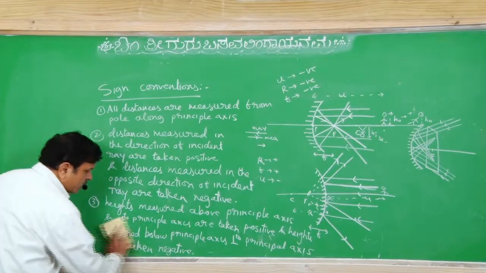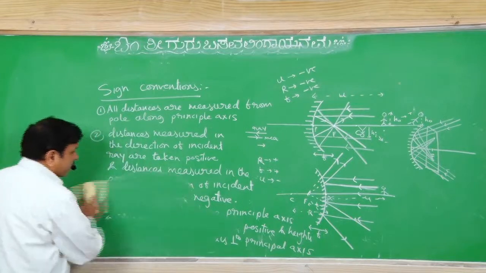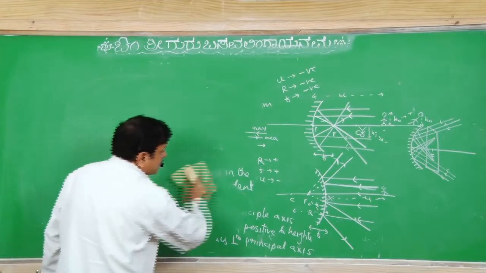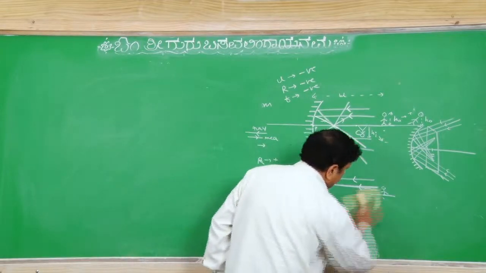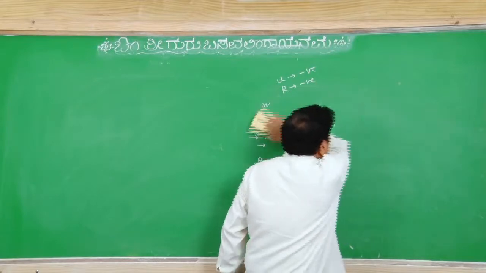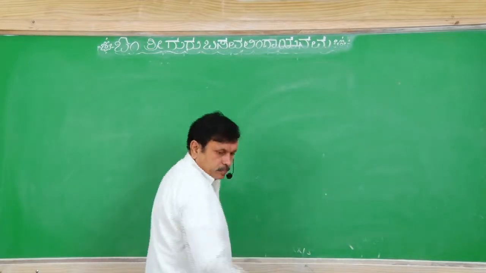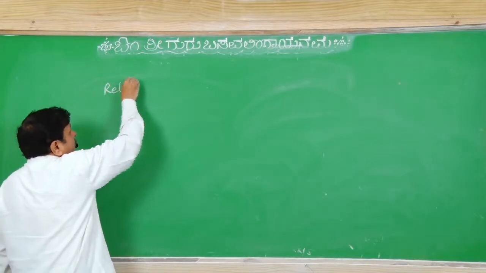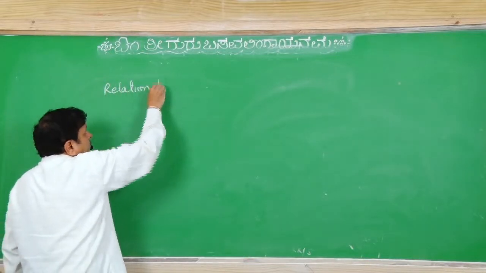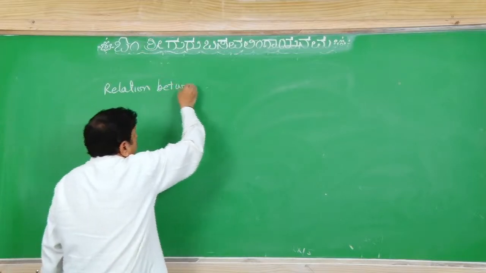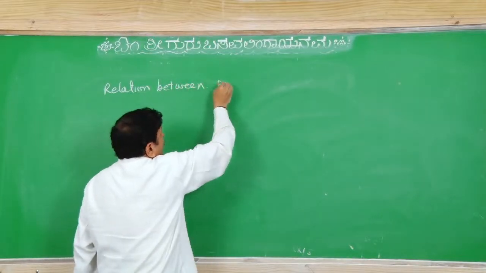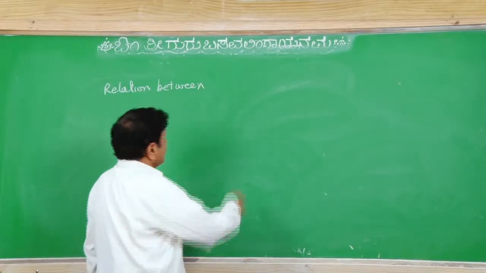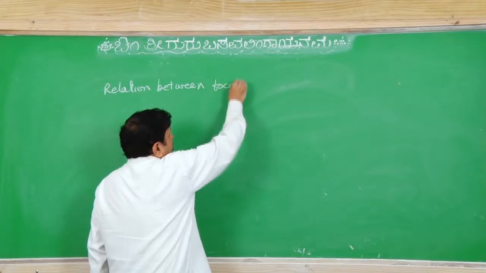Now here, one short derivation is there: relation between focal length and radius of curvature.